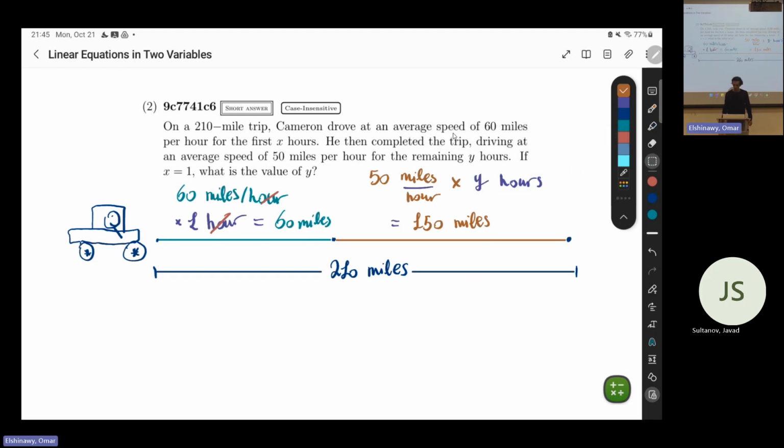Then what is y? The hours actually do cancel out. And if 50y is 150, from the equation above, can you tell me what y is going to be? 3. Yes, and this is the answer.